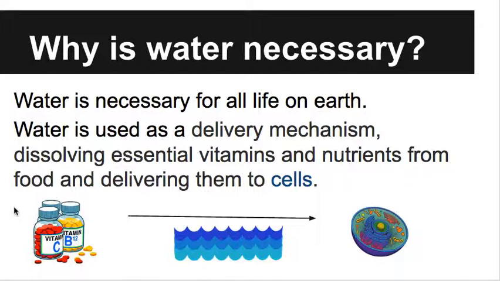There are a lot of things that water does, and we're only going to hit on a few of them. The biggest thing for us as animals and living things, and plants need this too, is that water helps deliver vitamins and nutrients from food to our cells.